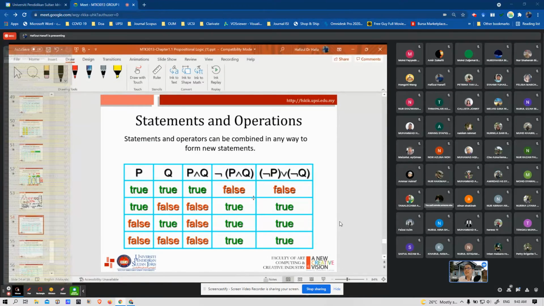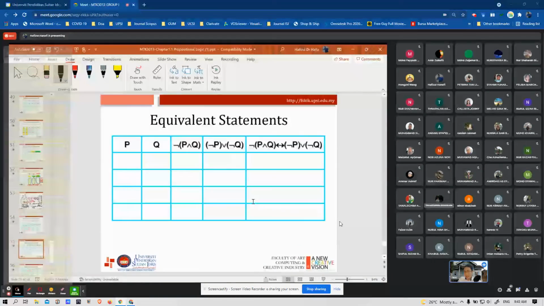This one is just combined in any way to form a new statement. Please do this one. This is the exercise. Please upload to Padlet, and do not forget to write down your names.